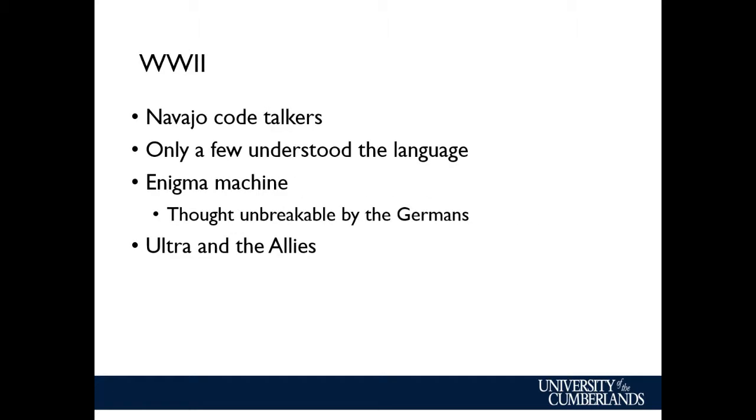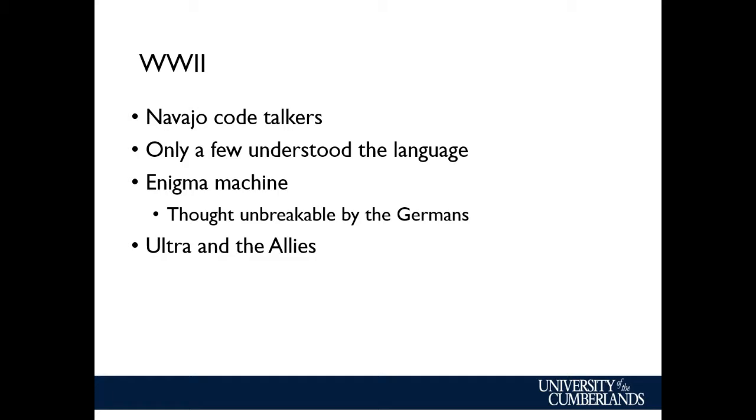So in World War II, there were a couple of things that we had in the cryptology area. First, we had the Navajo code talkers. It was a small group of people. They would go out in the advanced areas of the war, and they would use their native language to talk.